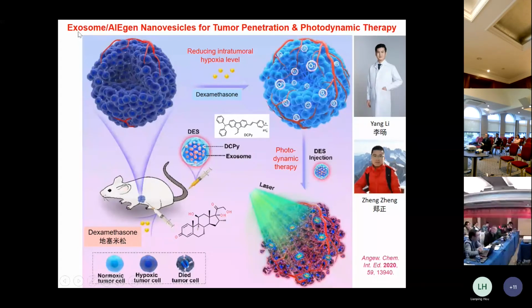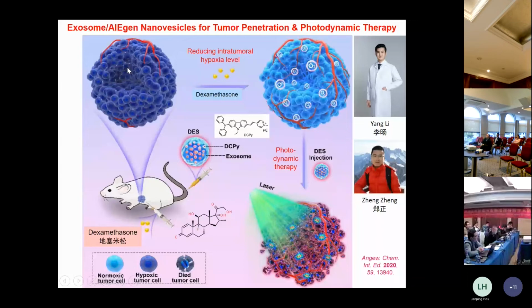If you inject this nanoparticle into the body of the mouse, this exosome will serve as a targeting group to bring our nanoparticle to the tumor site.